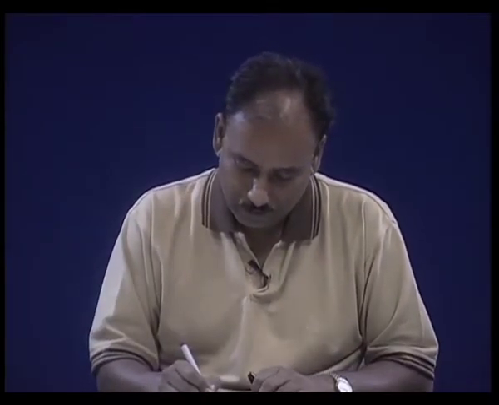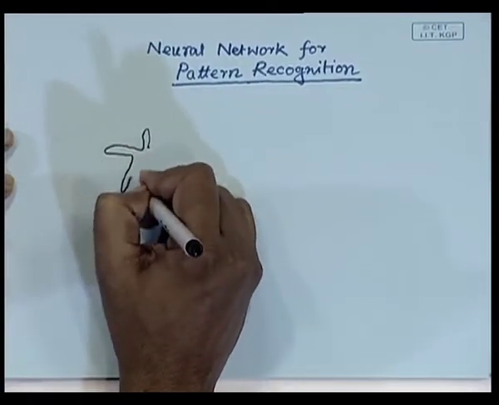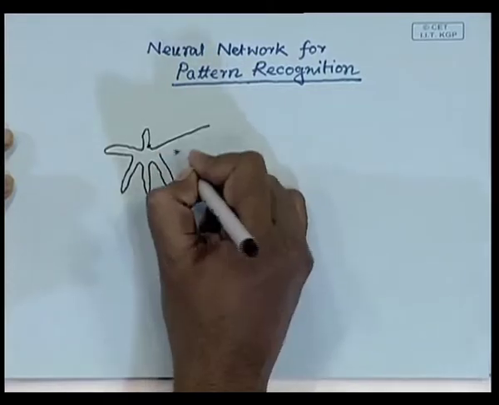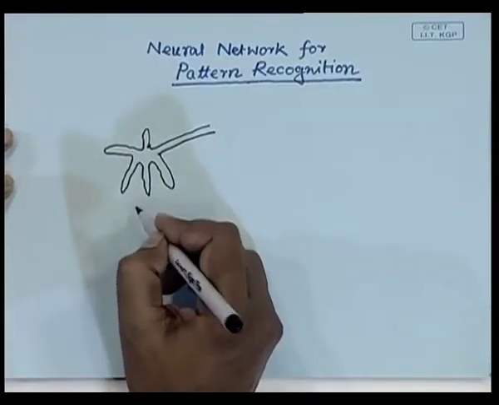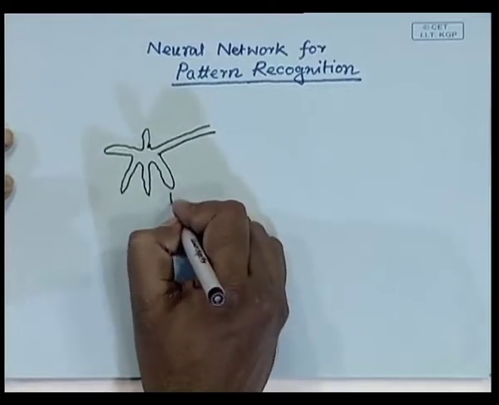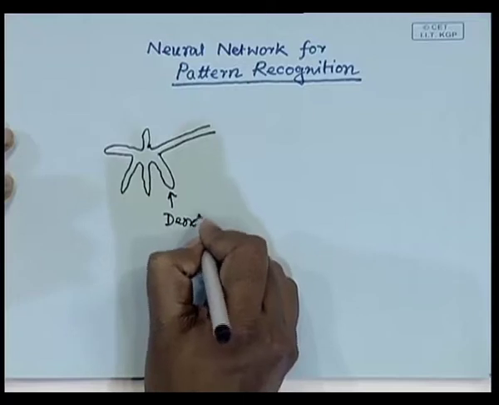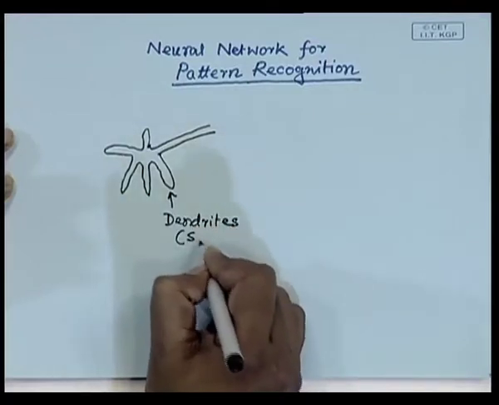If you draw any particular nerve cell, it goes like this, where this whole thing is a cell body. These are what are called dendrites, or sensors.